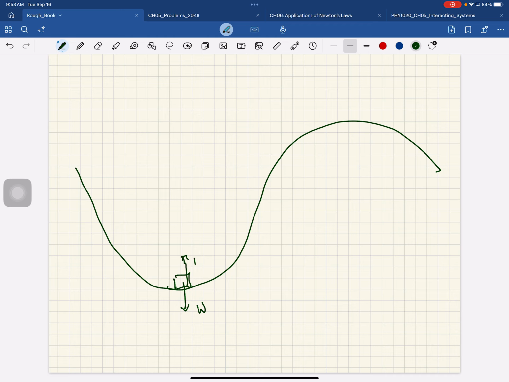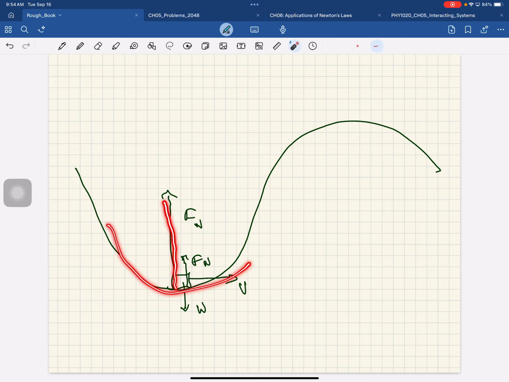But if you're moving fast, this normal force has to balance your weight, and in addition, to make you go in a circle, you have to give a centripetal force as well. So this force has to become large. When you're at the bottom of a roller coaster, your apparent weight is quite large. They can make you go fast enough where your apparent weight can be 2 or 3 times your body weight.